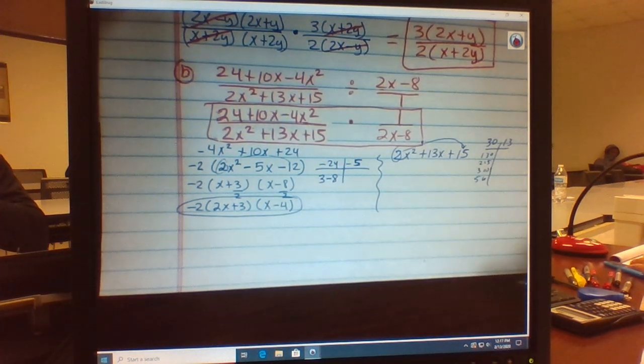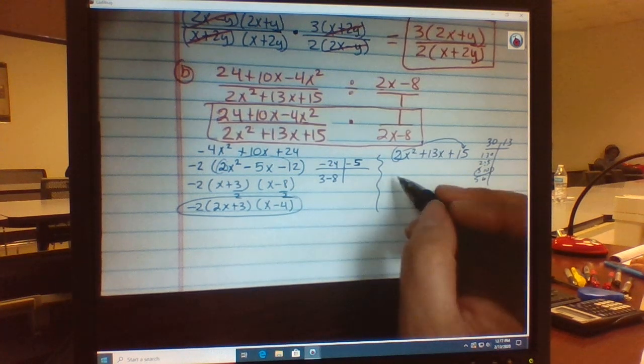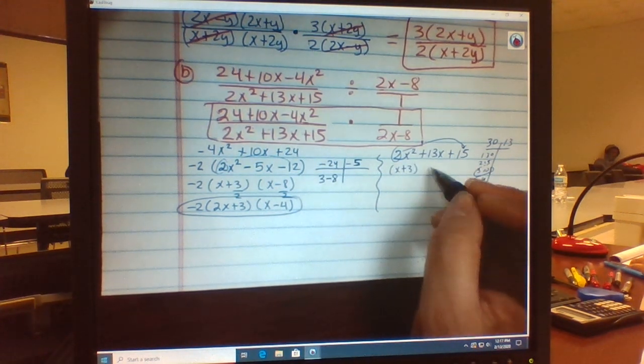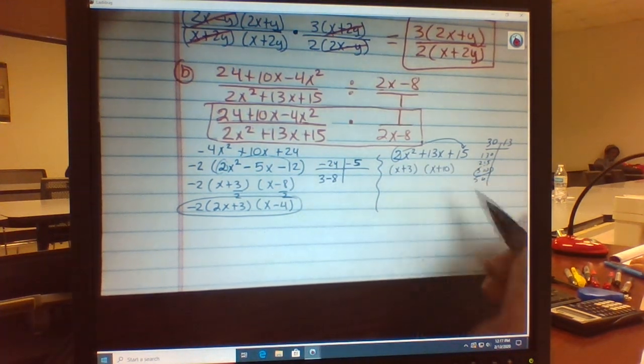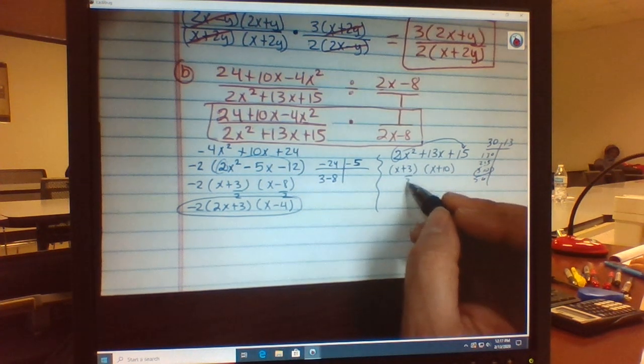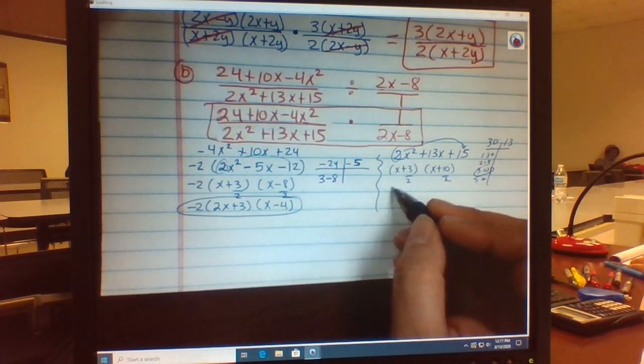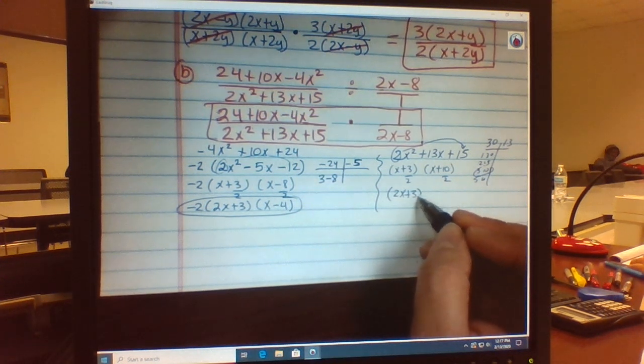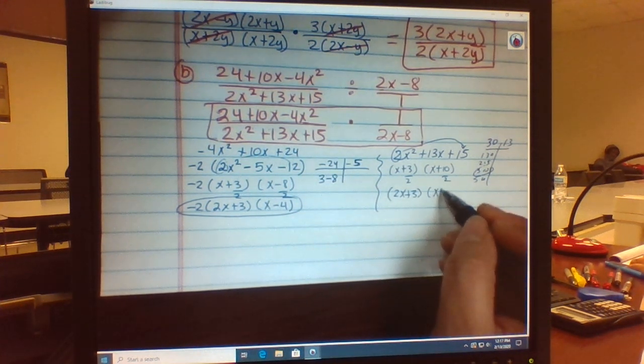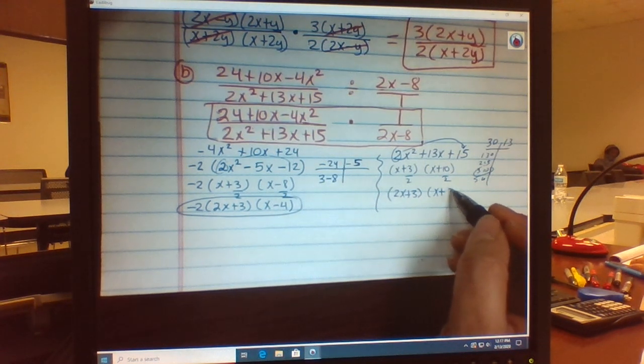What's going to give you that 13? 3 and 10. So x plus 3, x plus 10, but don't forget you have to divide by 2. So this guy becomes 2x plus 3, and this guy becomes x plus 5.